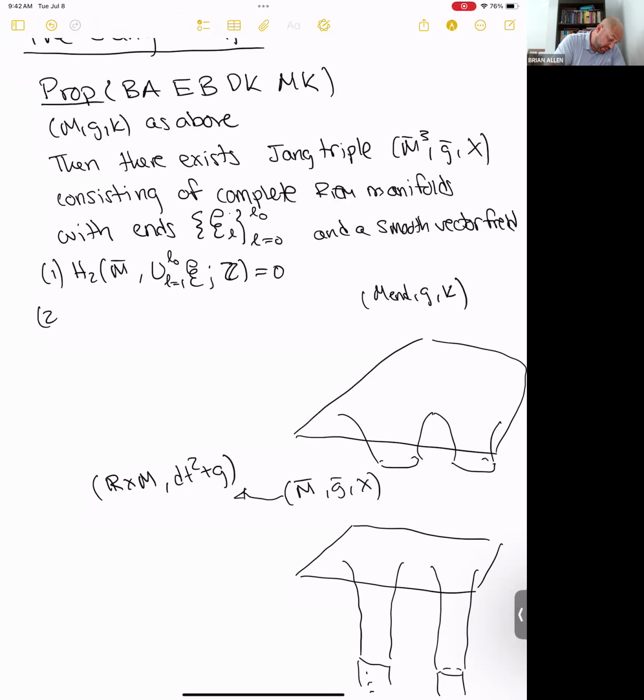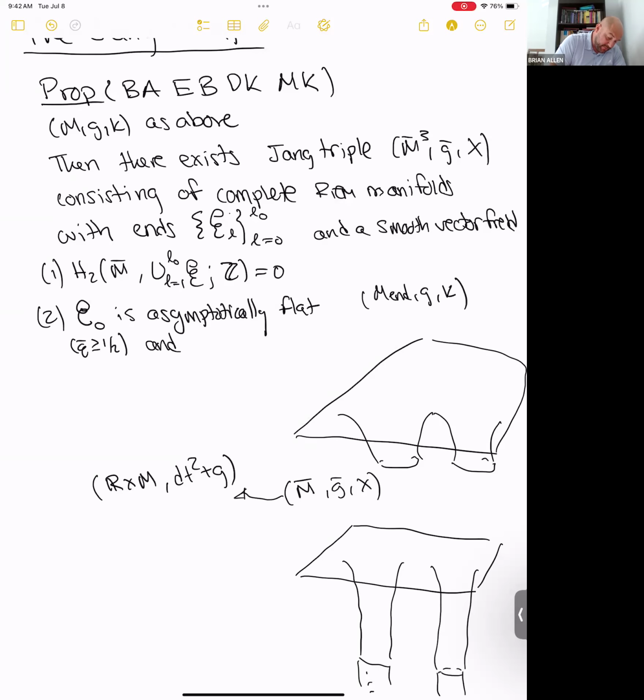And the point is, this is a well-known thing that was already used by Shane and Yao, this Jang construction, to prove the positive energy theorem, which is that the new, so sigma 0, which is the new asymptotically flat end in the Jang surface, is asymptotically flat with the right order.